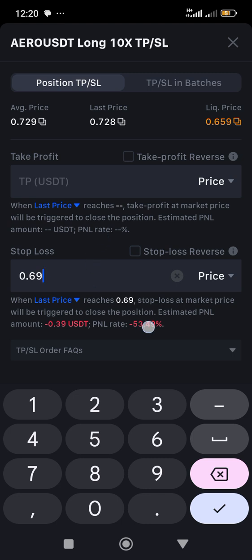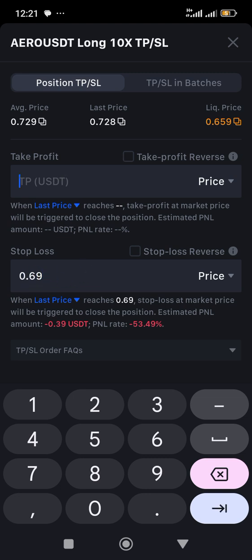When I have up to 53% loss, this trade should close. That will give me minus 0.39 USDT. It means I will be losing 0.39 USDT when this trade closes at this stop loss price.